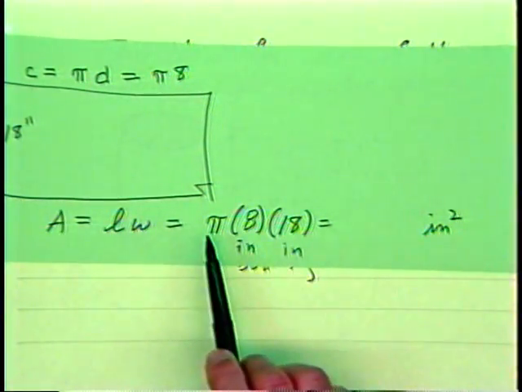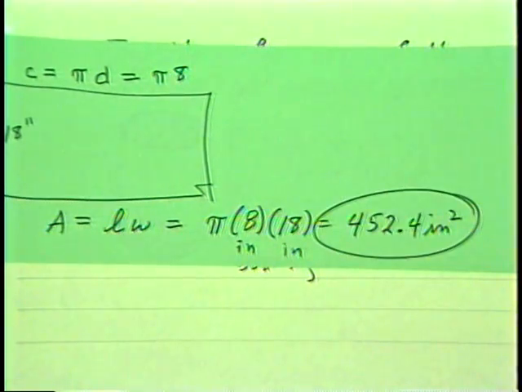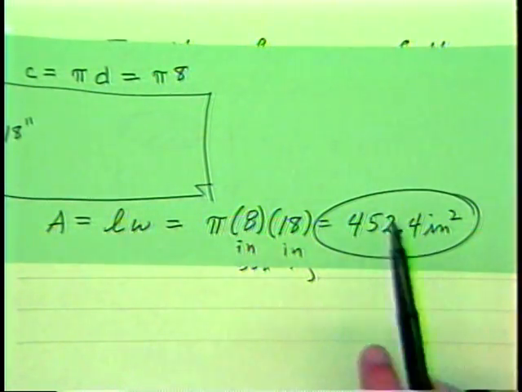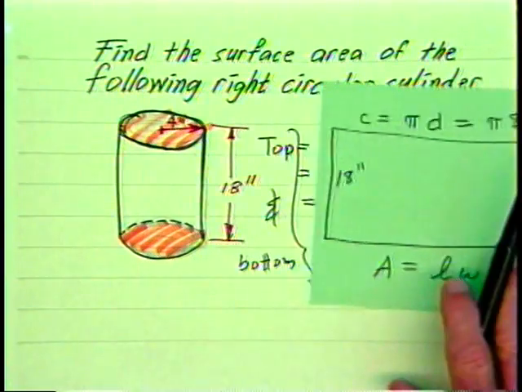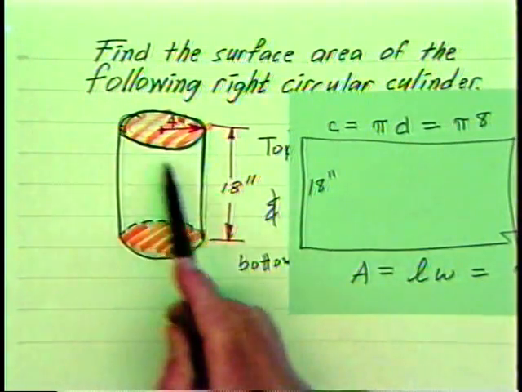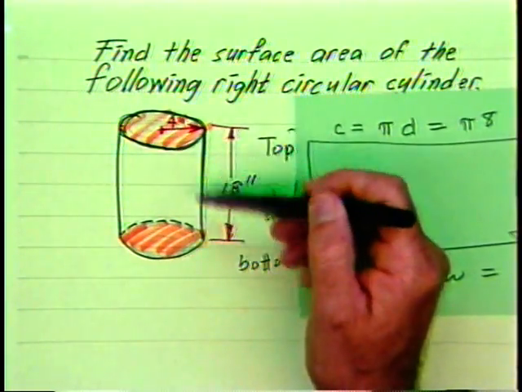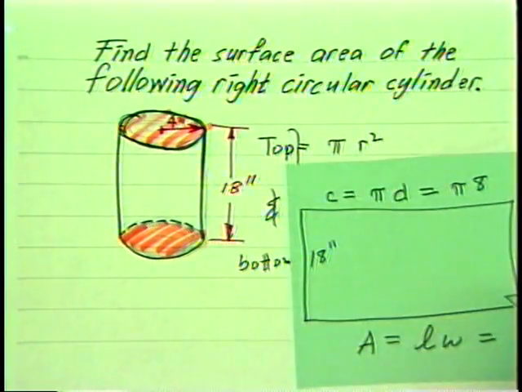Then doing this bit on the calculator, we get the area of this rectangle, which is the area around what we call the lateral surface of this circular cylinder.